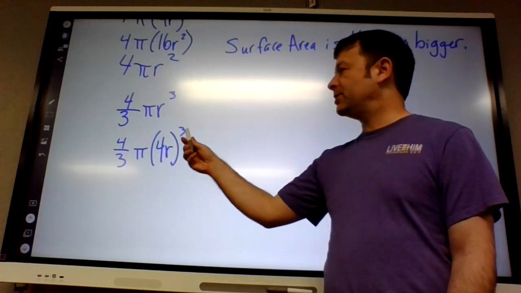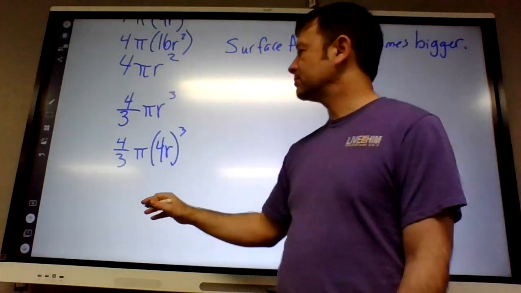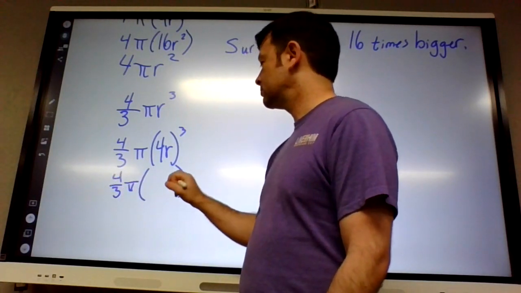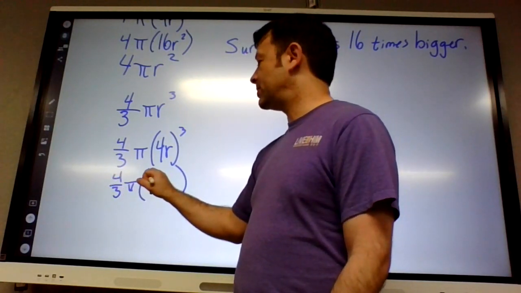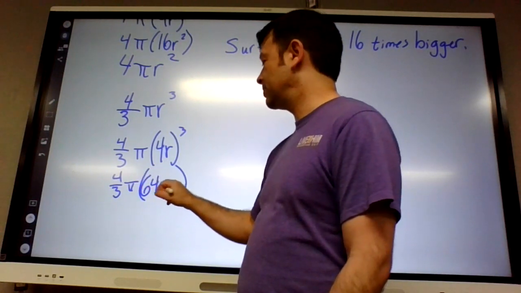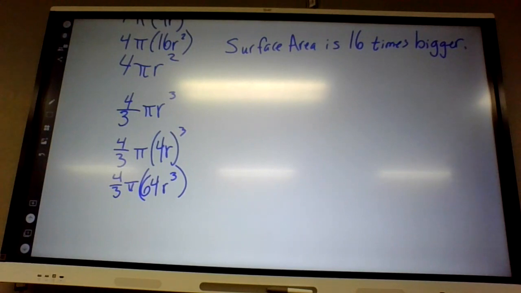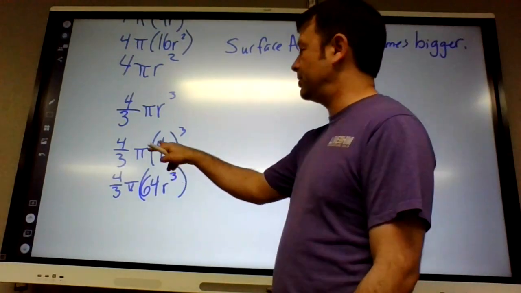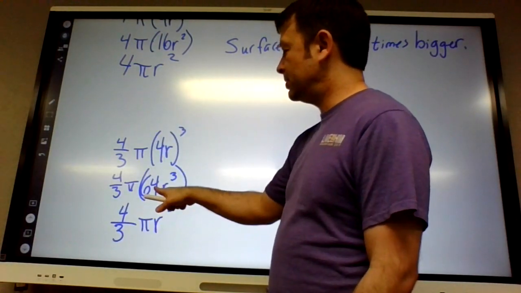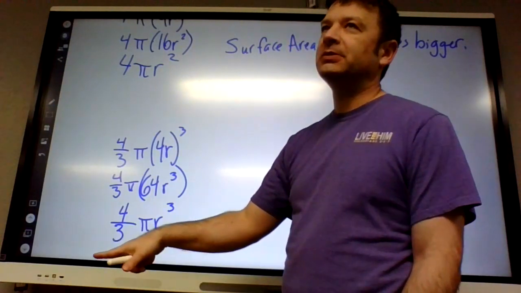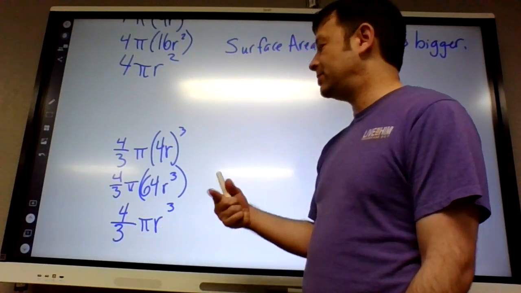And what's 4r cubed? 64. 4 to the 4th would be 256. 4 to the 3rd is 64. So how many times bigger is this sphere going to be than this one? 64 times bigger. Makes a big difference. It cubes the multiplier.